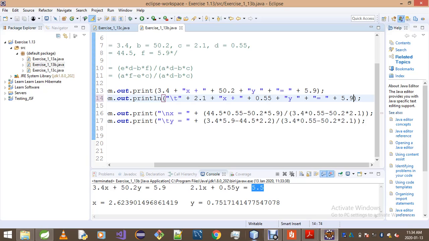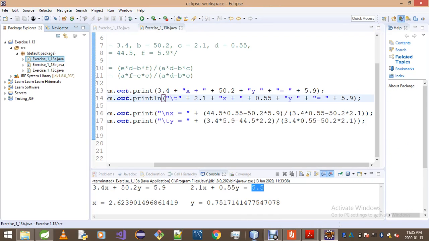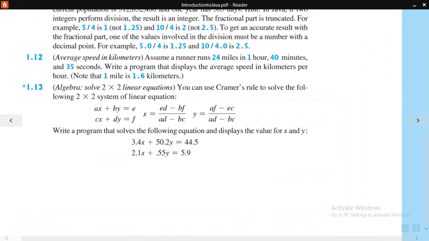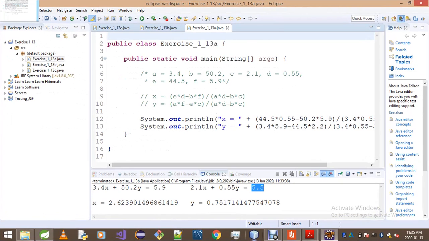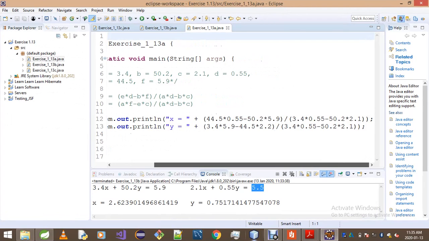I assume I did one and the same thing on exercise 1.13a. Instead of 5.9, I wrote 5.5. We have 5.9 here on our second equation, not 5.5, which is what we had. Okay, let's run this and check it out.